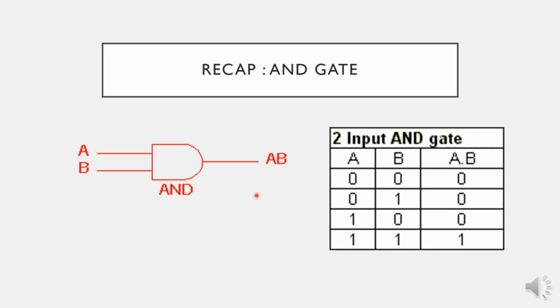From the previous session, we took a look at the AND gate and its truth table. The truth table tells us that the output will be high only if all of the inputs are high. So in this case, A is high, B is high, then the output, A and B, will become high.